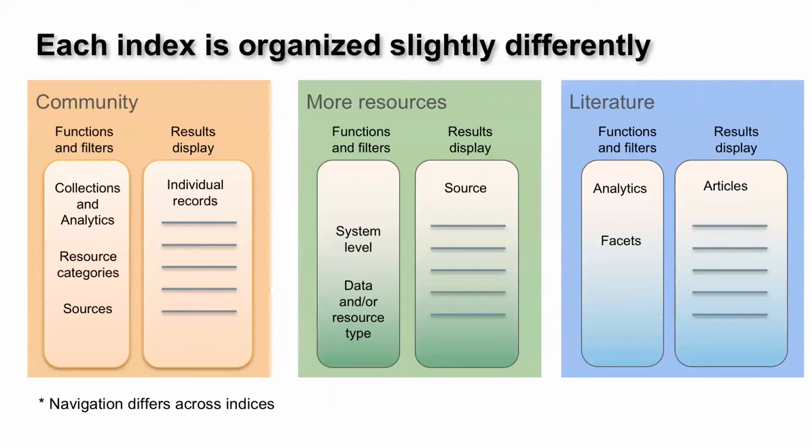When one moves to more resources, here we divide things in terms of the data or resource type they are. And in that sense, across all these 3 indices, navigation differs a little bit across the indices. And so this is something that we're constantly doing user testing with, trying to figure out better ways to present all this information to users as they come into the system.